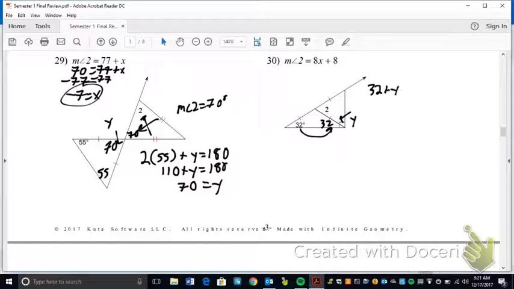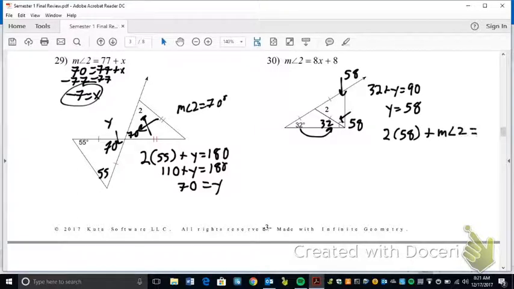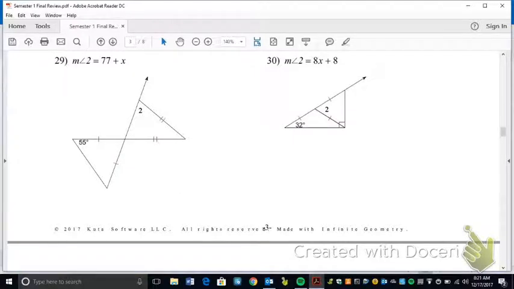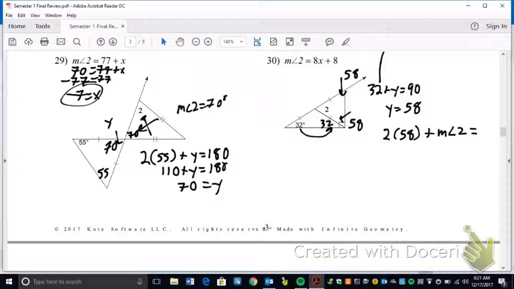Again, it's okay for x to be negative as long as the angle isn't. So here we need to use complementary angles again. So we go 32 plus y equals 90, y equals 58. The other one equals 58, so we need to go back up and go 2 times 58 plus the measure of angle 2 equals... Let's back up there a little bit.